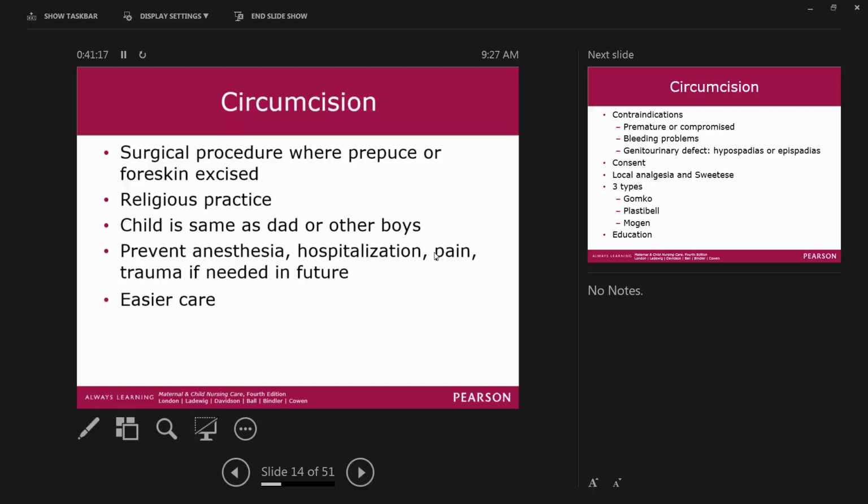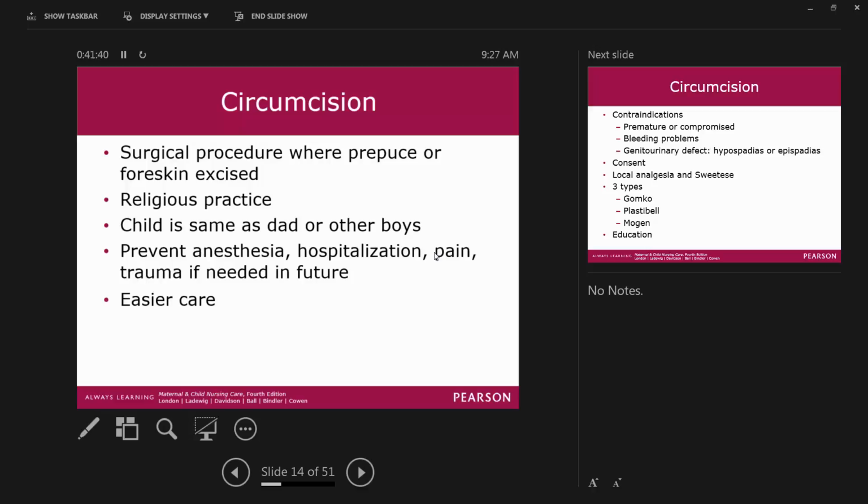Okay? Anyway, circumcision is a procedure where they cut off the foreskin of the penis. People do this for lots of reasons. It could be a religious requirement or part of their religious practice to circumcise their babies. People can want it done because dad was circumcised, so they want their baby circumcised.